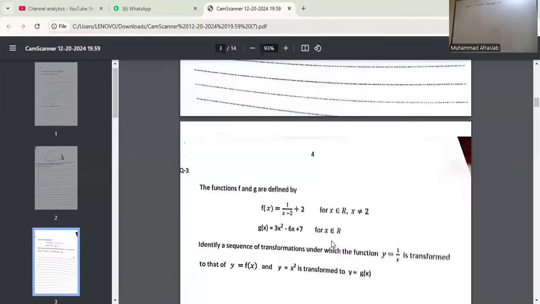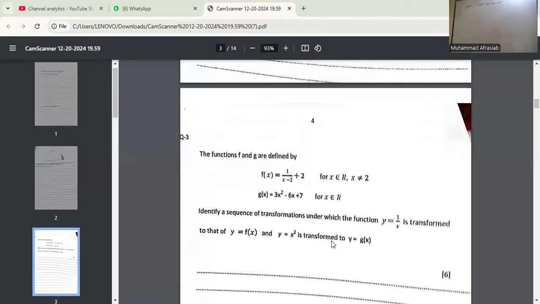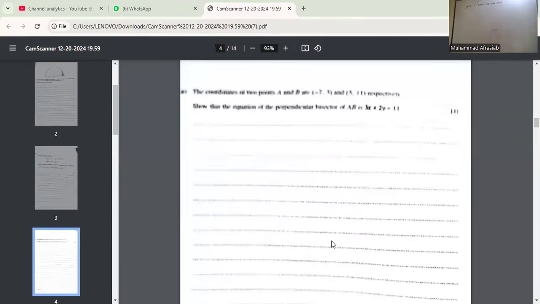Now, question number 4. The coordinates of the points A and B are -7, 3 and 5, 11 respectively. Show that the equation of the perpendicular bisector of AB is 3x plus 2y is equal to 11.